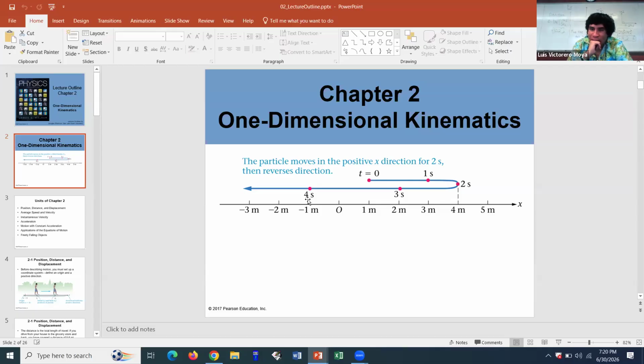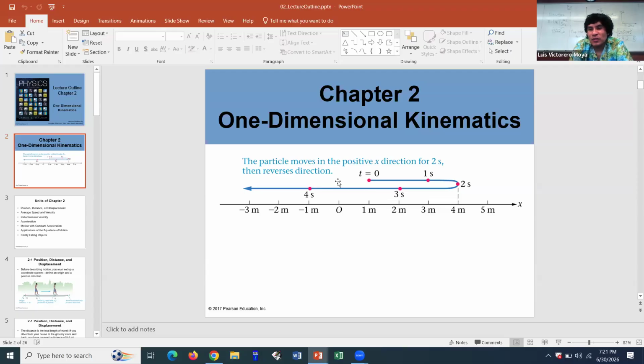But what about the displacement? For the displacement, you want to know what's the initial position, which is 1, and the final position, which is -1. So your displacement is -1 minus 1, which is -2. So your displacement is 2 to the left. And that makes sense. Look, 2 to the left.